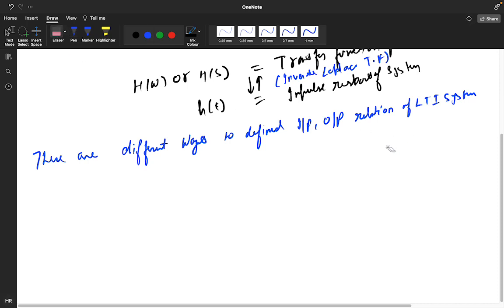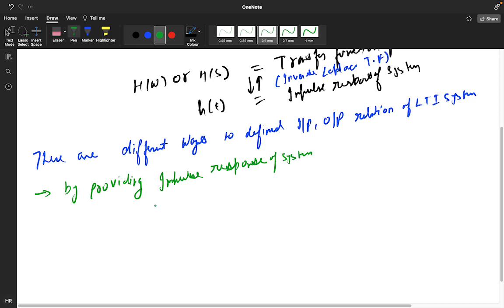Okay, and you know that impulse response means delta t. So first is by providing the impulse response of the system. And the second way is by providing the differential equation of the system.